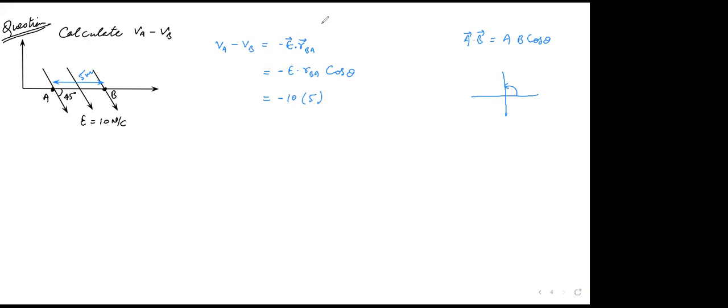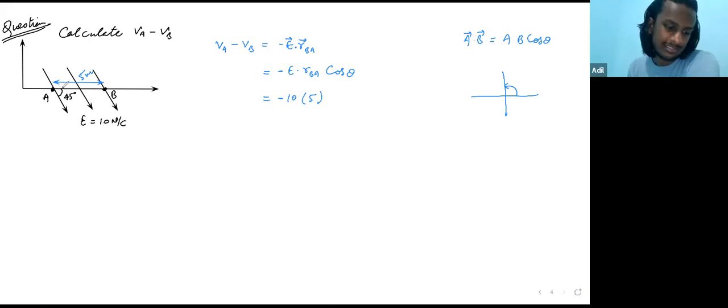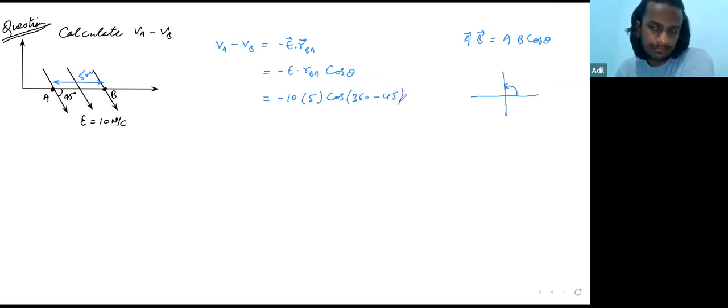So can you tell me what is this total angle? 360 minus 45. Can we take it or not?